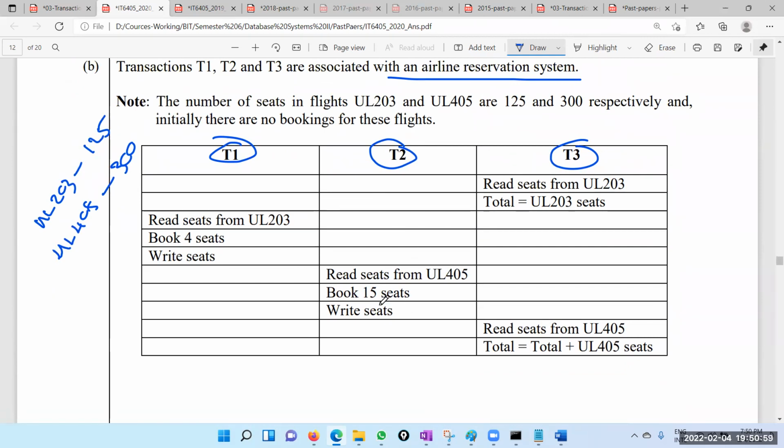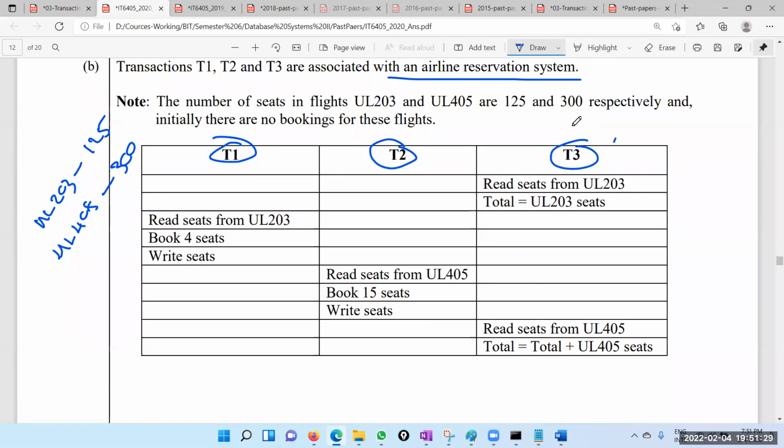That means you have to decrement by 15 and write. Transaction 3 is not a booking one. It's a sort of report taking. It reads seats from UL 203, total equals UL 203 seats, reads seats from UL 405, and the total is that total plus this. So it is calculating the total number of available seats. It's a different transaction, a report taking transaction.